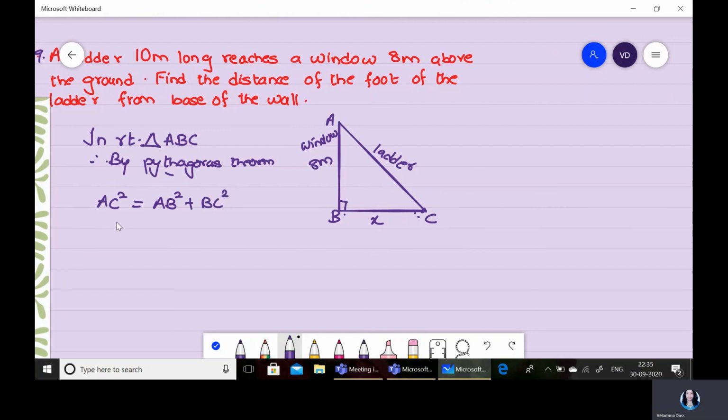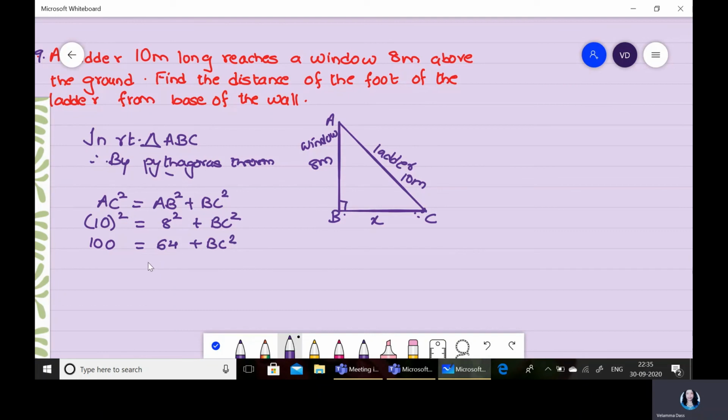Here AC, the ladder length, is given as 10 meter, so 10 square, plus 8 square, and BC we don't know. So either you can keep X or BC square. So we get 100 equals 64 plus BC square.